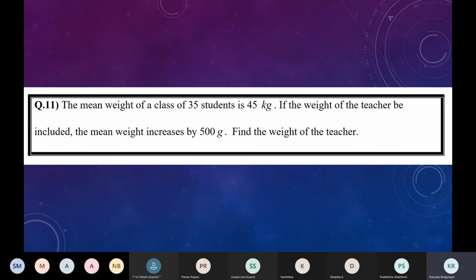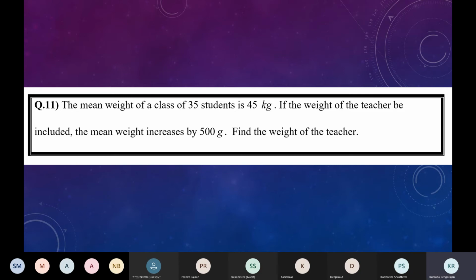What is 45 kgs plus 500 grams? 45.5, ma'am. Yes, you cannot add 45 plus 500. So 45 kgs plus half a kg, 45.5 kgs.